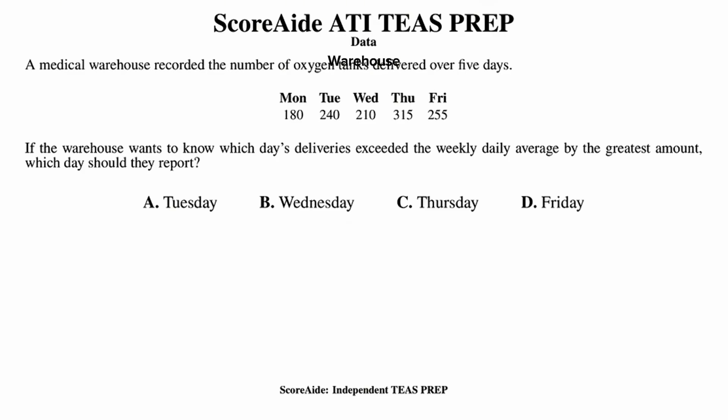A medical warehouse recorded the number of oxygen tanks delivered over 5 days. So we have Monday through Friday. If the warehouse wants to know which day's delivery exceeded the weekly daily average by the greatest amount, which day should be reported? So all we have to do is calculate the average, right?